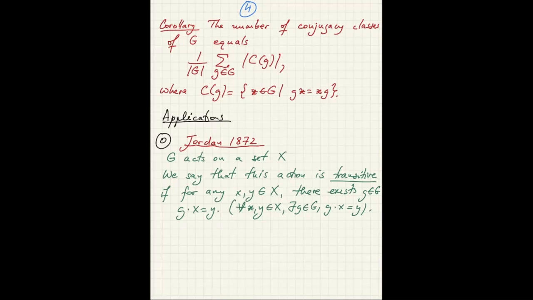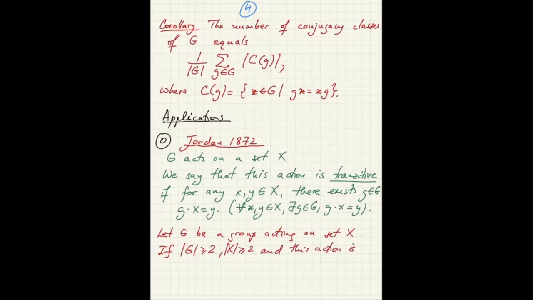What is the result that we're trying to prove? Let G be a group acting on a set X. If the cardinality of G is greater than or equal to 2, and the cardinality of X is greater than or equal to 2, so the group consists of at least 2 elements and the set consists of at least 2 elements, and this action is transitive, then there exists a derangement.